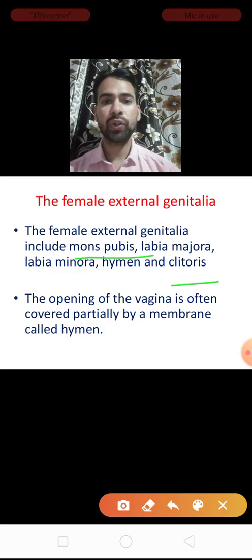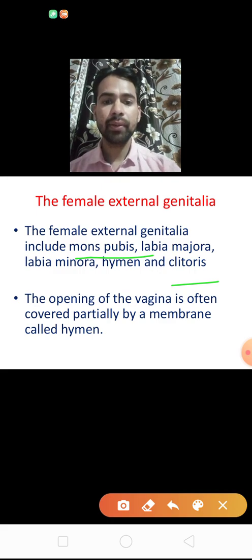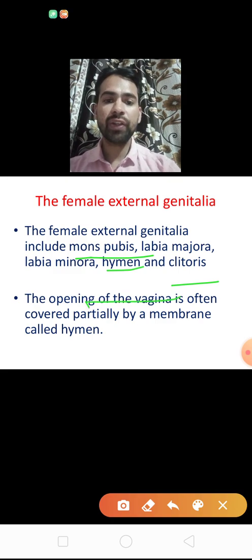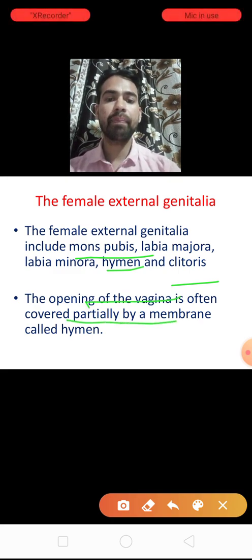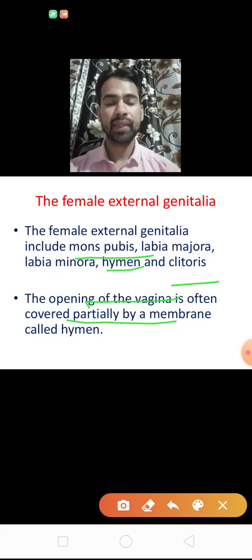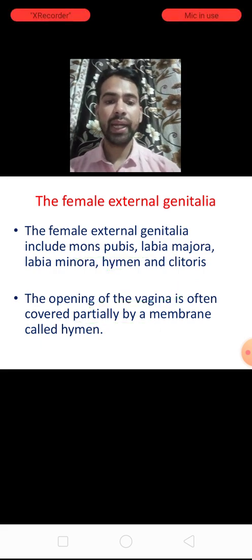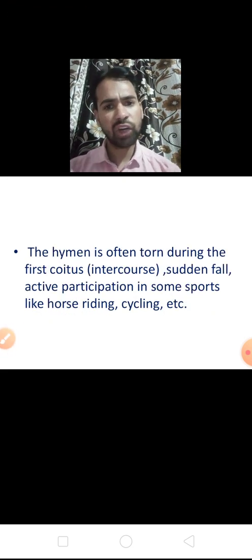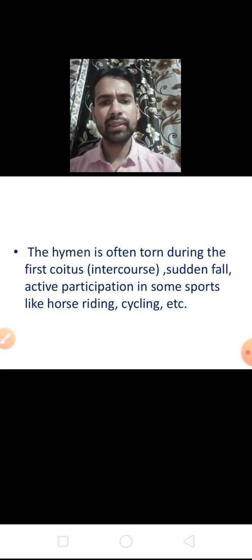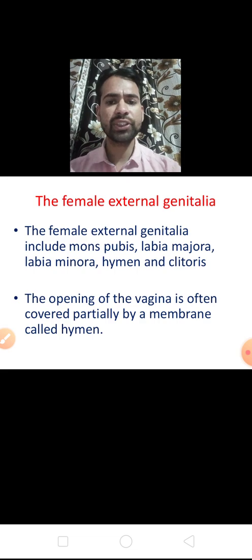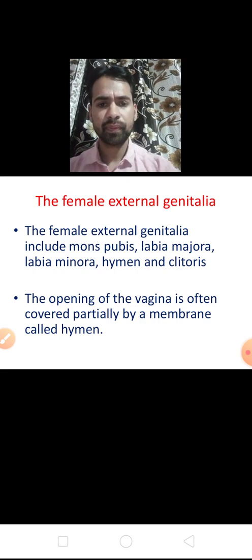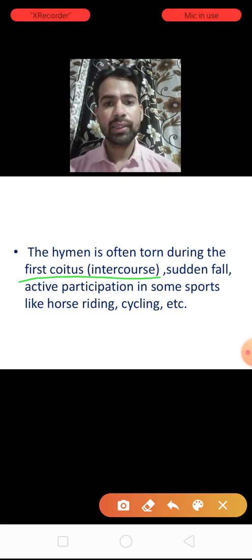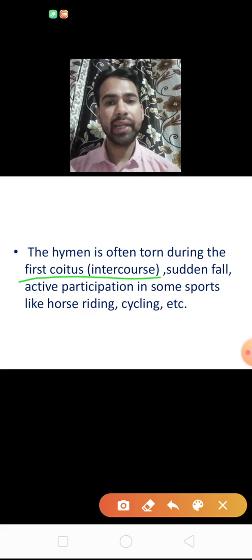It is possible that a 1 mark or 2 marks question may come from the hymen. What is the hymen? The opening of the vagina is often covered partially by a membrane, that is the hymen. It is soft, and during the first coitus or sexual intercourse, it breaks.